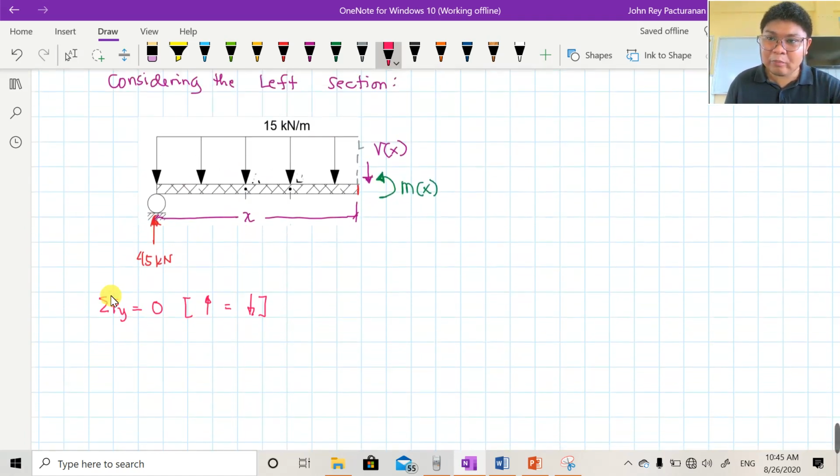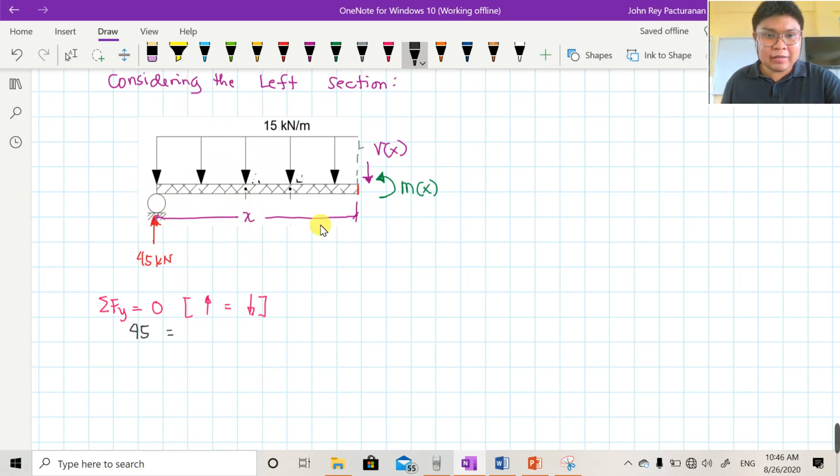So, for example, when we take summation of forces vertical equals 0, up equals down. The only upward force based on this is the 45. So the 45 is the only upward, and that is equal to the downward. We have a uniform load of 15 kN per meter, but its span is X. Previously we made it 2, so we did 15 times 2.